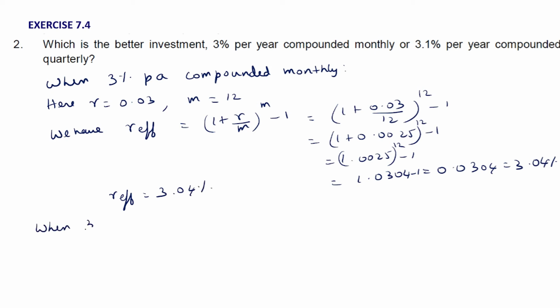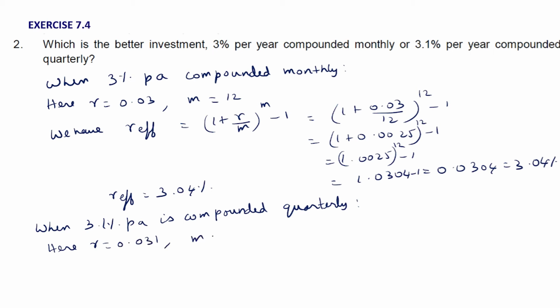When 3.1% per annum is compounded quarterly, here r is equal to 3.1% or 0.031, and m is equal to 4.